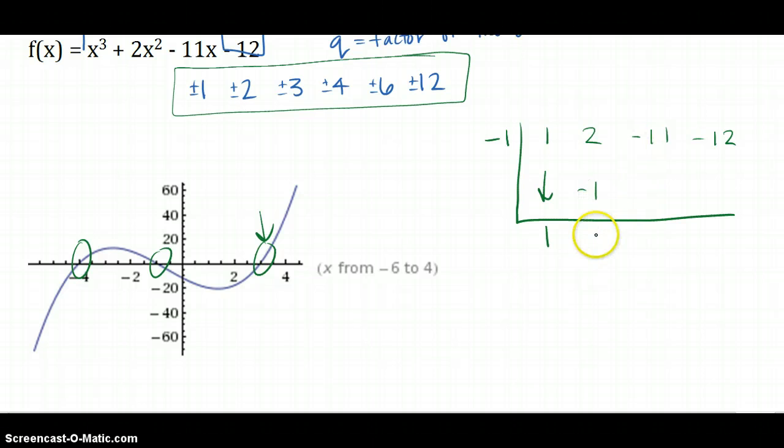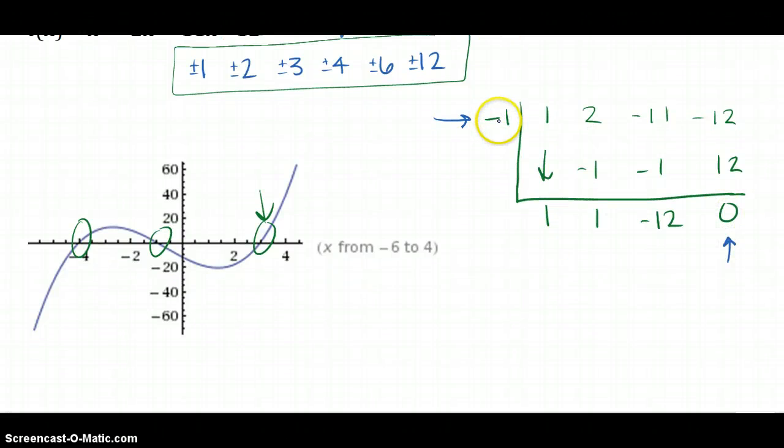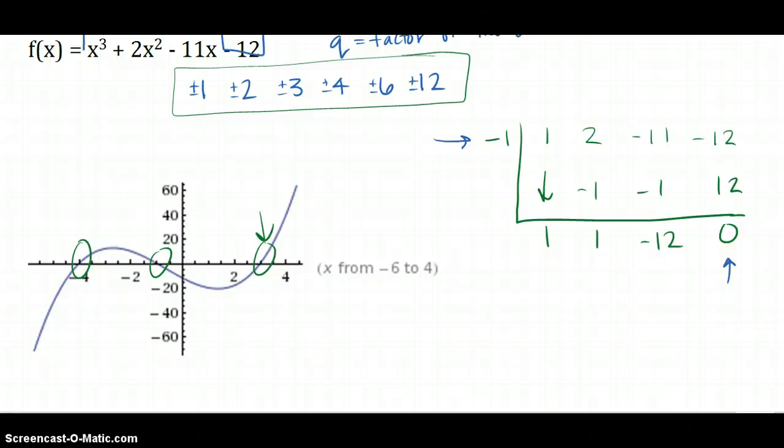Remember, you're always adding these two lines. Now, remember in the previous section we talked about if you synthetically divide and you get a remainder of 0, that means that the number you divided by is a root, a solution, a zero. Since we divided by negative 1 and got a remainder of 0, this is a solution to the graph. So we're going to remember that and finish our synthetic division.